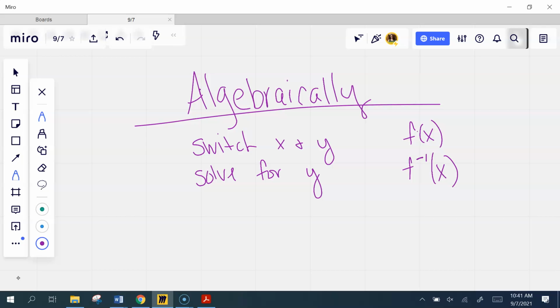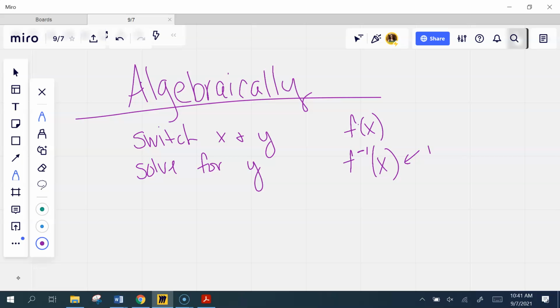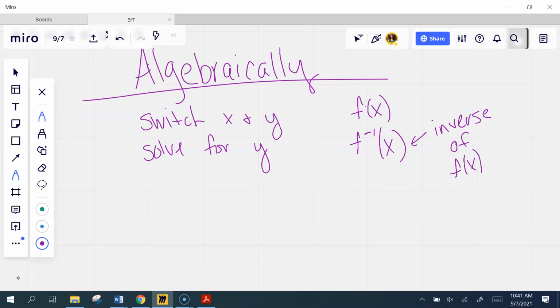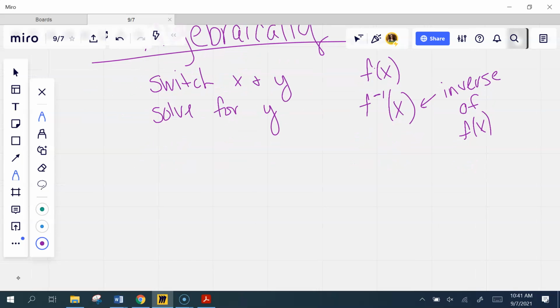This means the inverse of f of x. Let's do one. Yes, that's the notation.